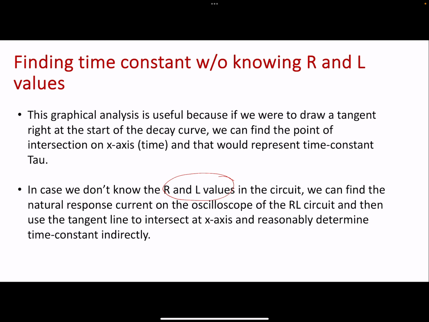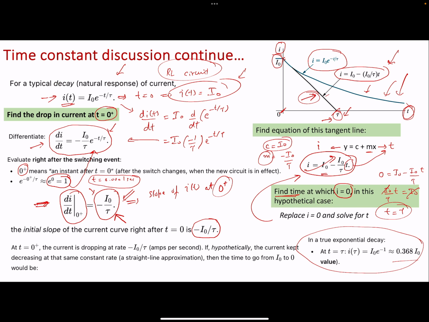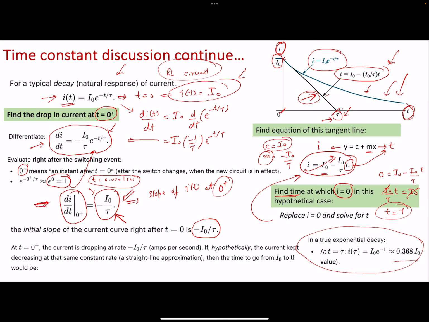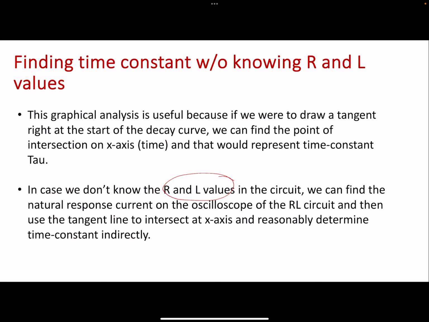The way to do it would be to use an oscilloscope and plot this IL curve. Once you plot this IL curve, you can draw a tangent right at the start of the curve. The point at which it intersects the x-axis over here would be a very good approximation of the tau value, right?